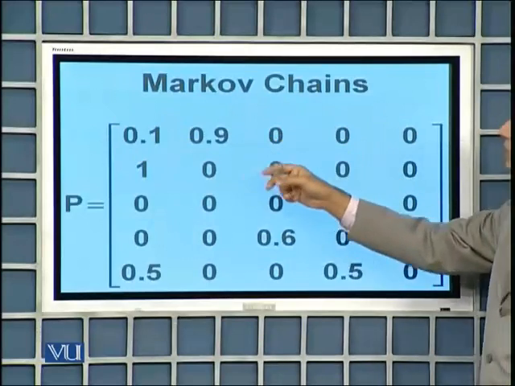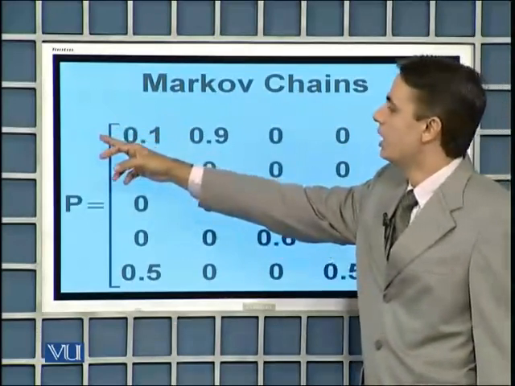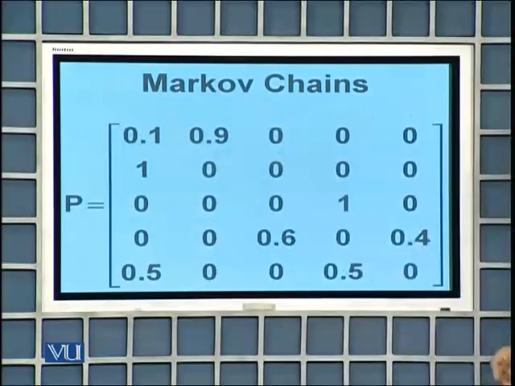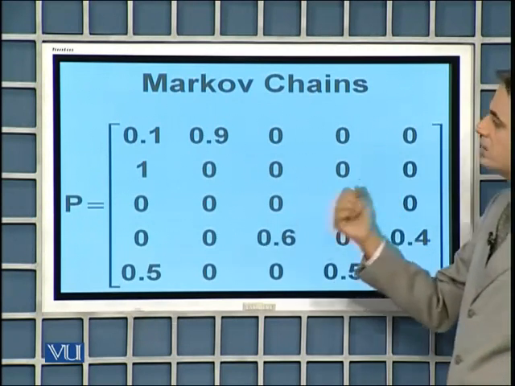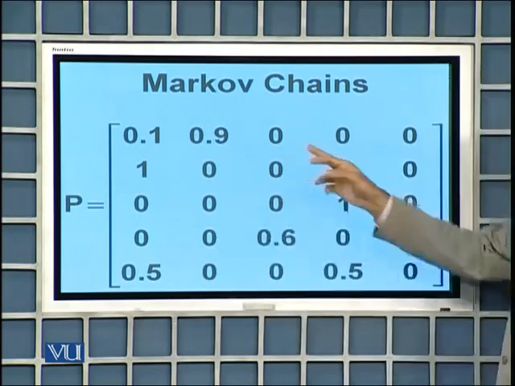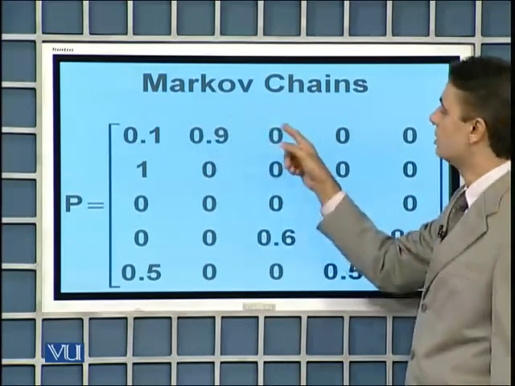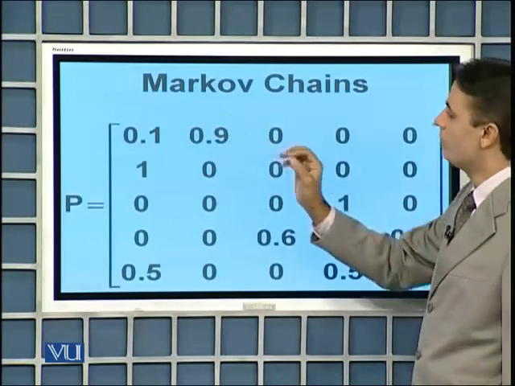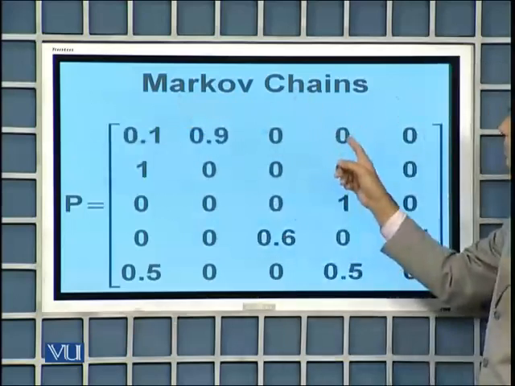This 0 represents transition from state 0 to state 2. It's not going to happen because 0 and 1 represent a group of absorbing states. Once you are in state 0, you cannot go to state 2. Hence, this transition probability is 0. Similarly, from state 0, you cannot go to state 3 or 4.